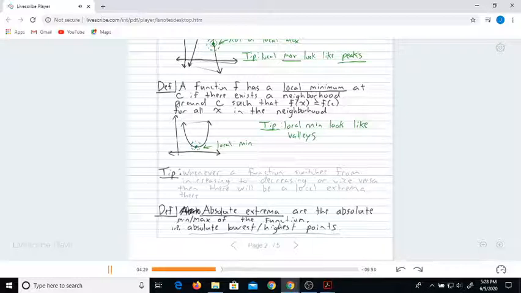And a nice little thing to be aware of, whenever a continuous function switches from increasing to decreasing or vice versa, then there will be a local extrema there.